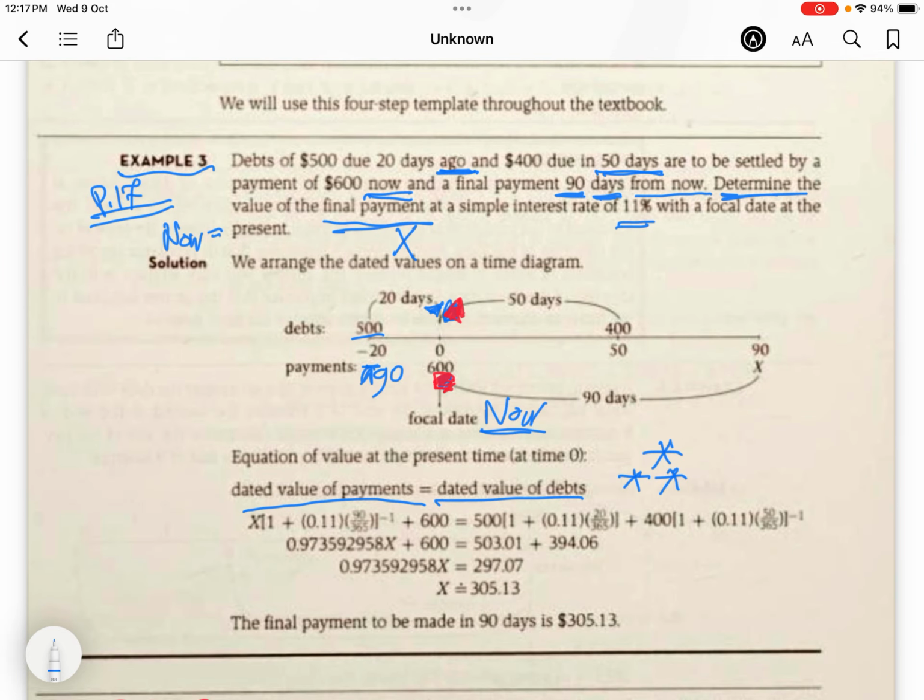We arrange the dated value on a time diagram. Debits, timeline. Here we have 500, 400, 20 days and 50 days, and consider the final with focal date at the present, which is now at 0. This is the focal date.